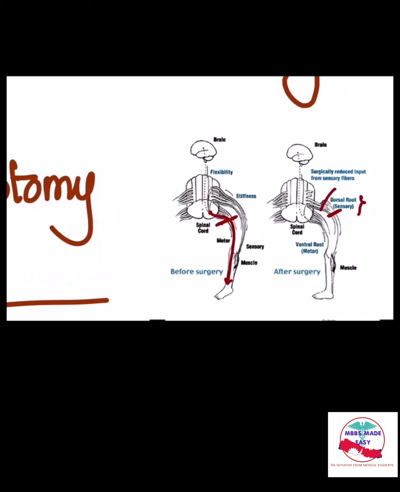So the rationale for this is that if you cut the dorsal root, then the afferent stimulus reaching the spinal cord is completely lost, and it was this afferent stimulus which was persistently activating the motor nuclei and ultimately causing a spasm. So if you cut the dorsal root, there will be no afferent stimulus and the motor nuclei will not get activated and there will be no spasm at all.